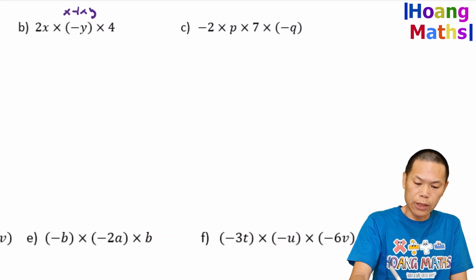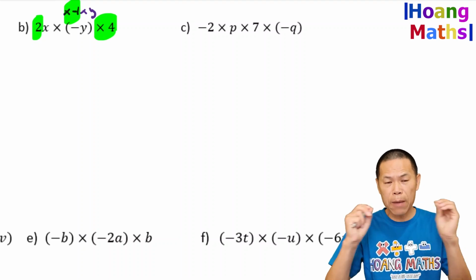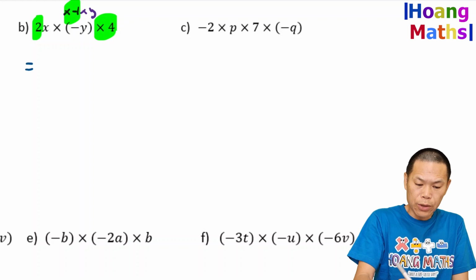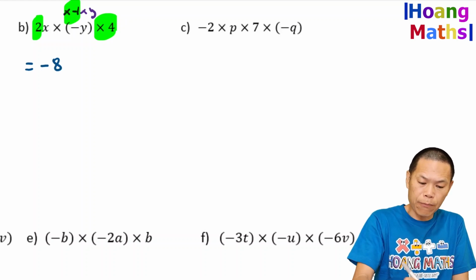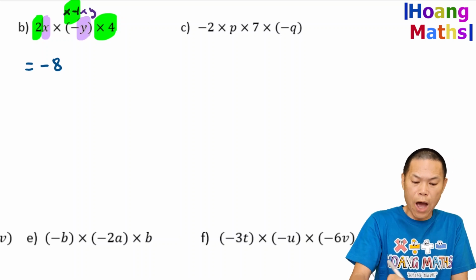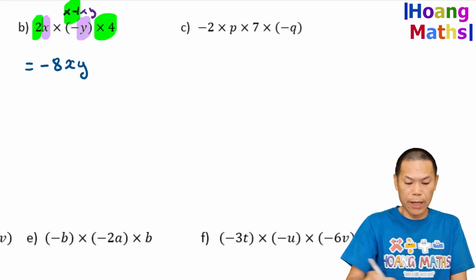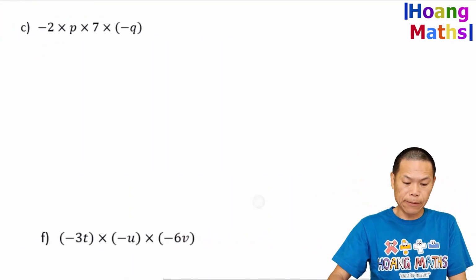So you can simply put on a calculator 2 times negative 1 times 4, which is numbers times numbers together. So that gives me negative 8. And then we have x and we times y, so that will give me xy. So there you go.